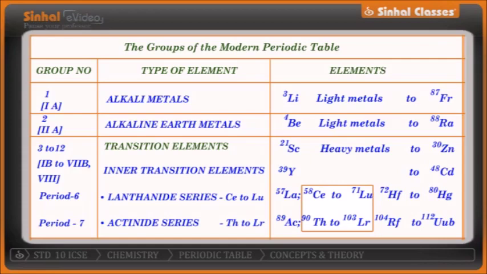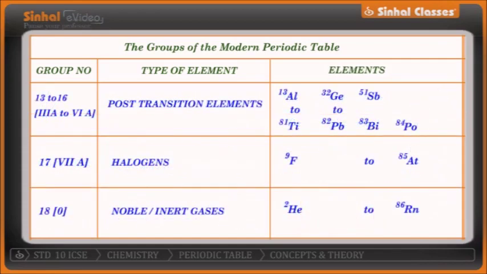Groups 3 to 12 are called transition elements having variable valencies. That includes 1B to 7B and the 8th group. Whereas 13 to 16 are called post-transition elements.